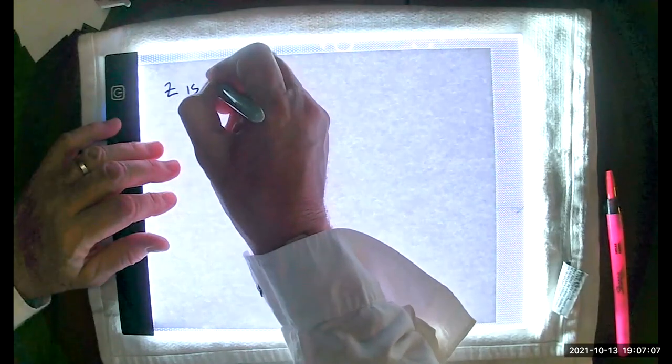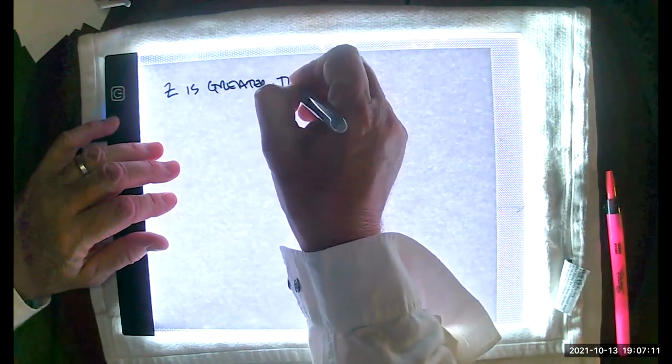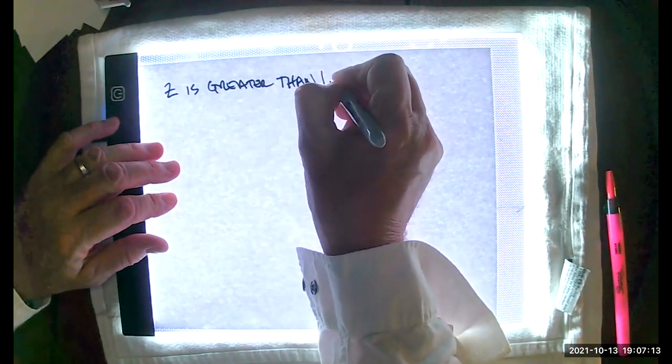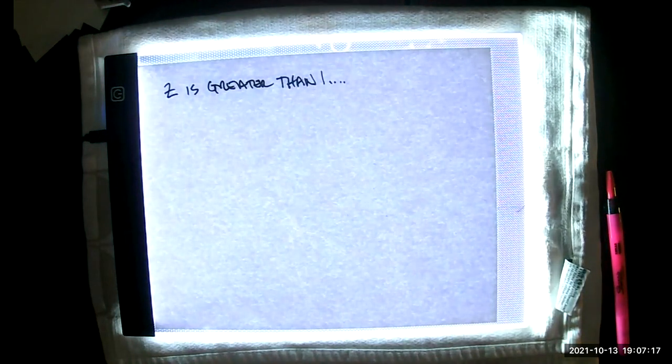And this is where it can get tricky if you're not paying attention. Z is greater than 1.